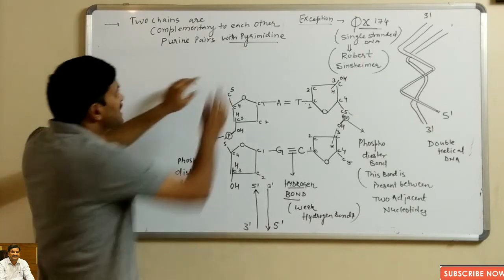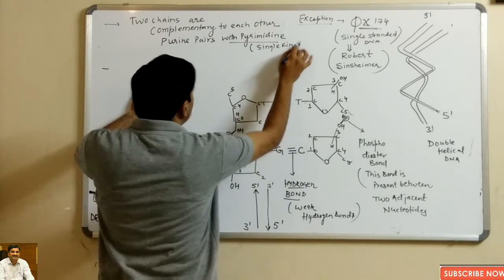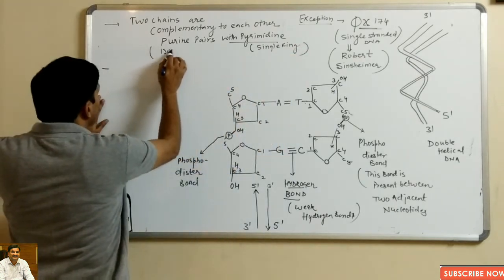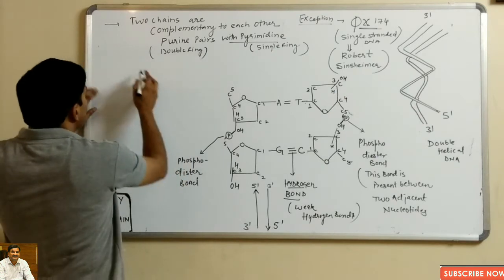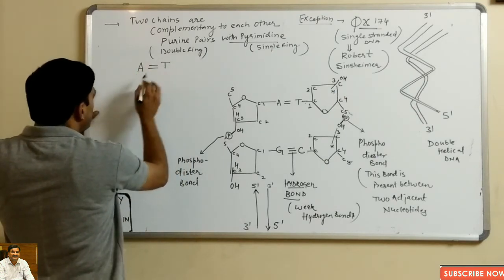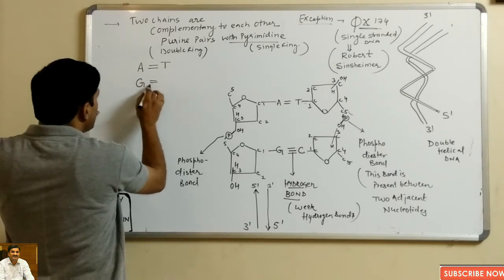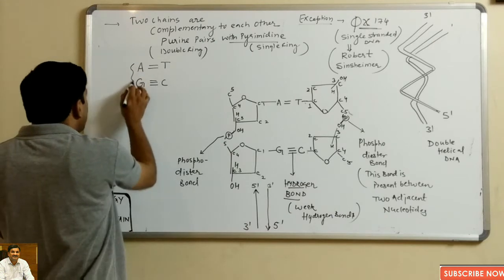Because pyrimidine is a single ring structure, and purine is what? A double ring structure. So always remember that A combines with T, and G combines with C, meaning they are complementary to each other. Now what are A and G?